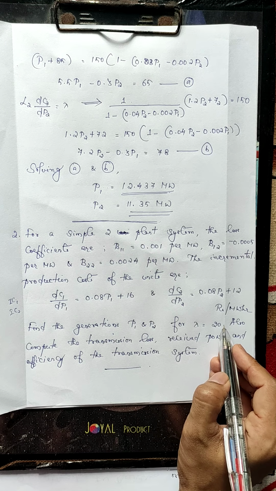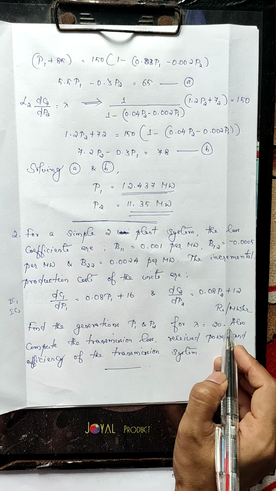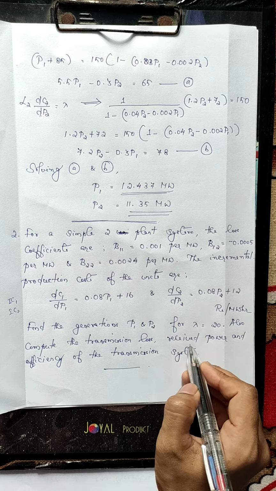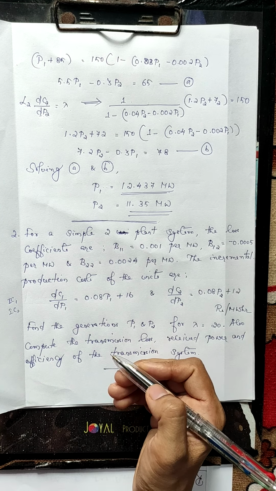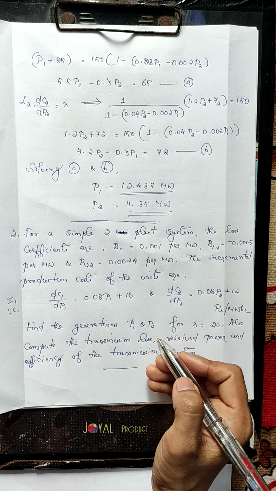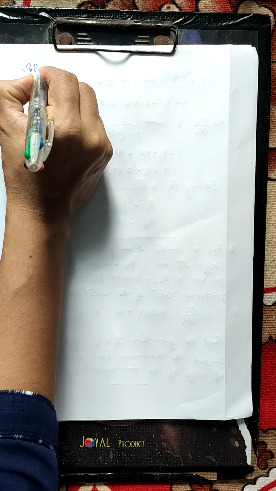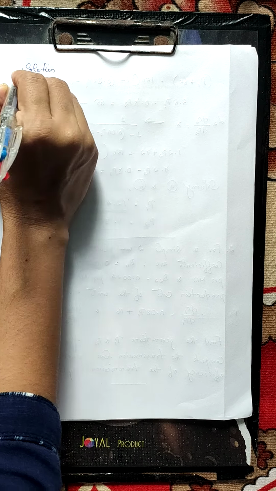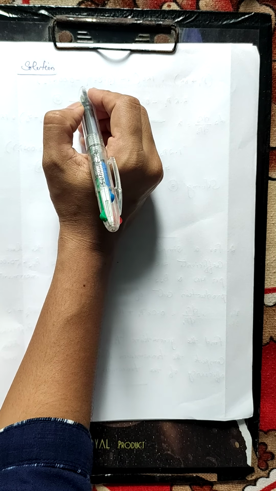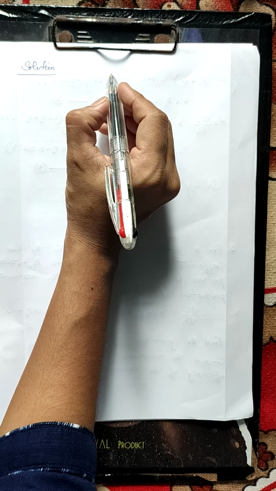So up to this part, the question is similar to the previous question, and here we have to calculate a few more things: the transmission loss, received power and efficiency. So now let us solve the problem. We know the condition for solving economic load dispatch between different plants in a power system network.